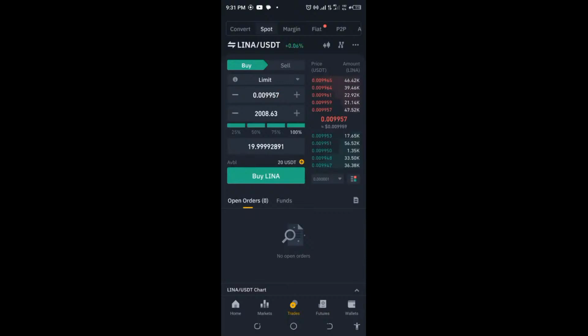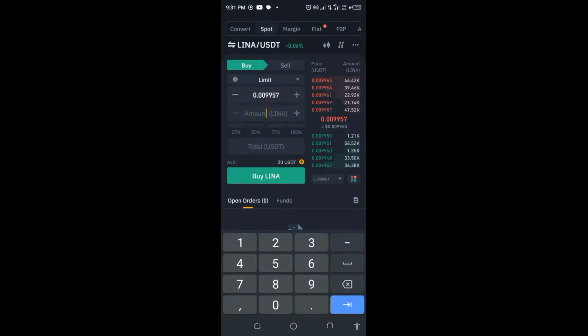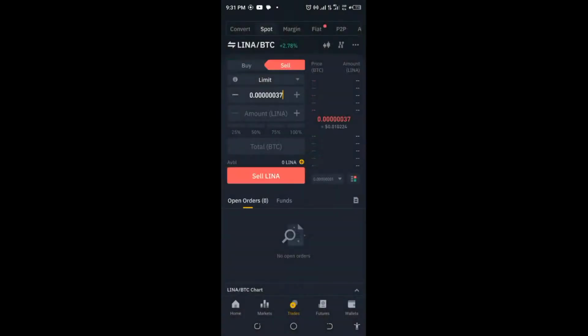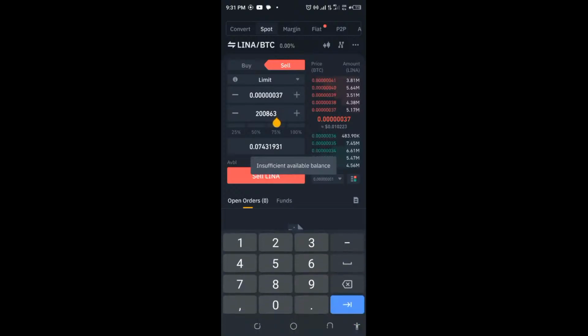So what we have here is 2008.63. Let me copy that. And then I'll go over to BTC and try to see if I could sell this. Now remember, Lena doesn't recognize that decimal point. So what we have here now is 0.000742.